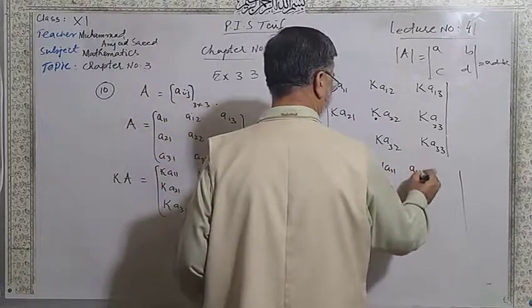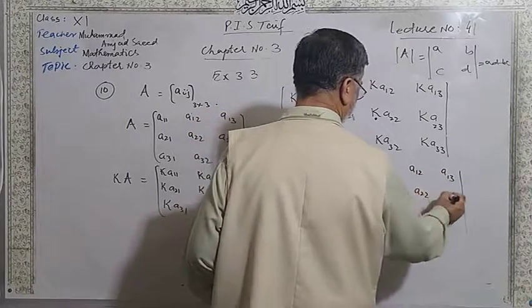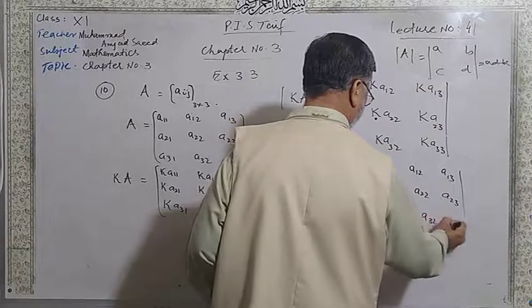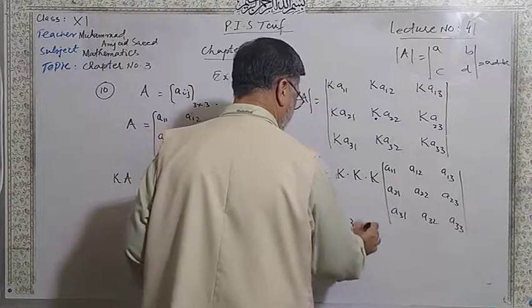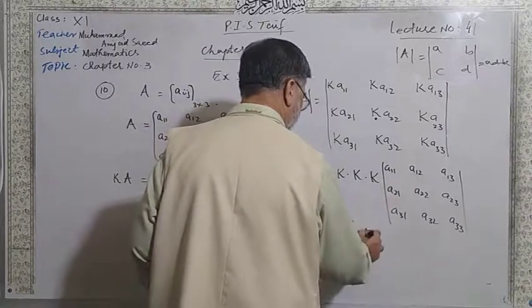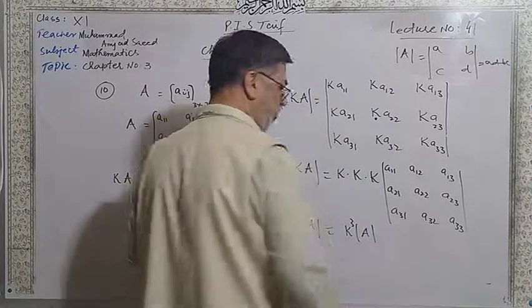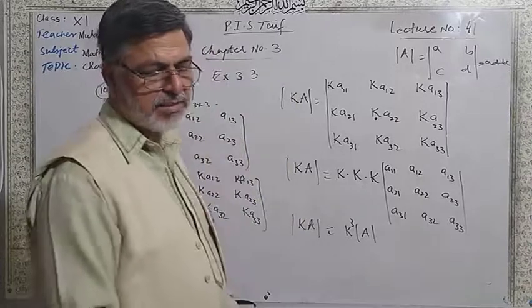Then you will have A11, A12, A13, A21, A22, A23, A31, A32, A33. You can check that this is k cube, and what is this? This is A determinant. Ka determinant is equal to k cube A determinant.